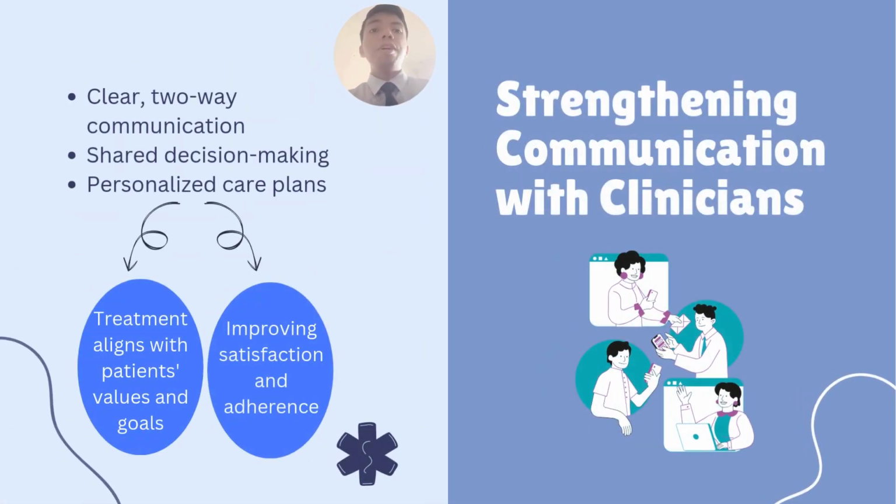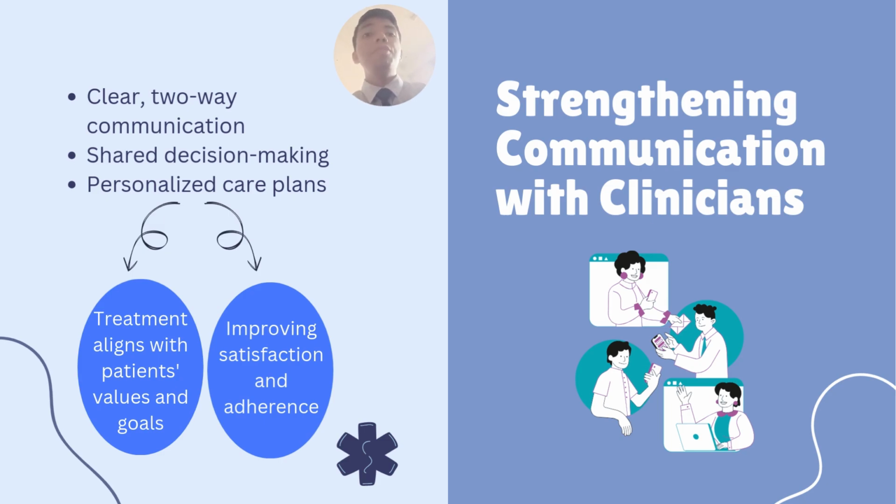Up next, we go to strengthening communication with clinicians. In this part, there are three ways: clear two-way communication between us, the patients, and the care providers, and then shared decision-making and personalized care plans.